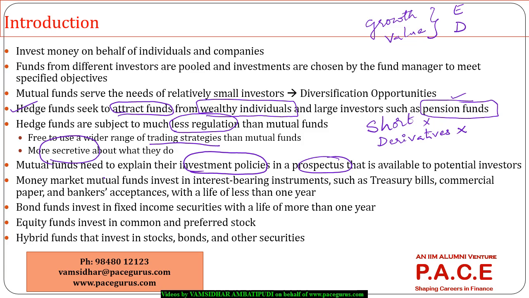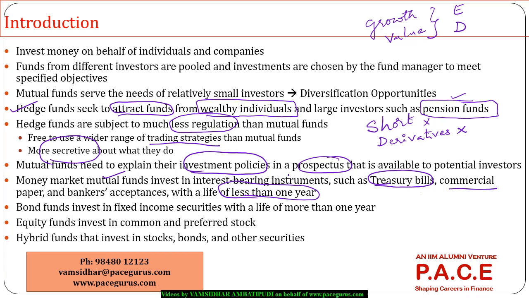So money market mutual funds, if you look at the different types of mutual funds, one we can see is money market mutual funds. They generally invest in very short time investments, treasury bills, commercial papers. All these things, if you see, they have a life of less than 1 year.